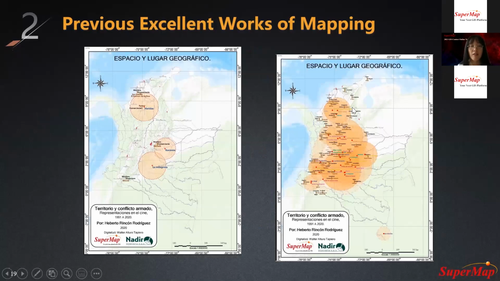We can see that on the left is the movie made for the Columbia area for just 1 year, and the other one is the movie made for the Columbia area for about 20 years. And they also made more maps for this area to show how this area draws the attention of movie makers over the years.